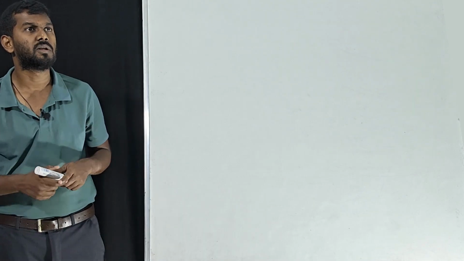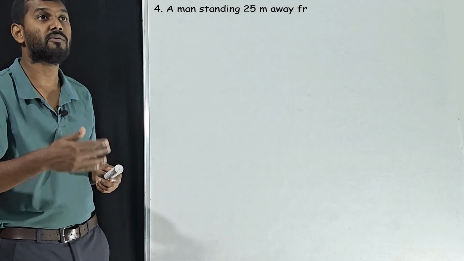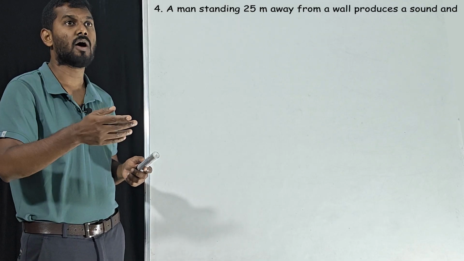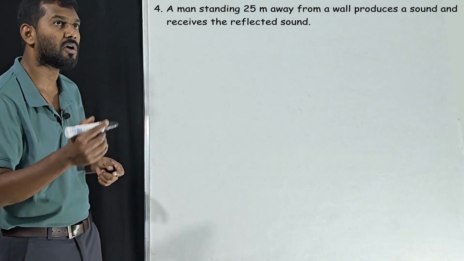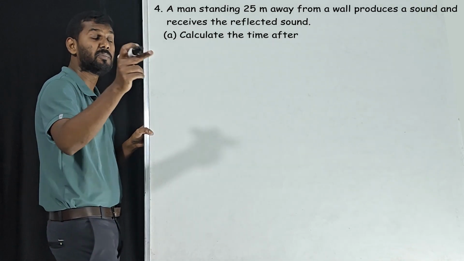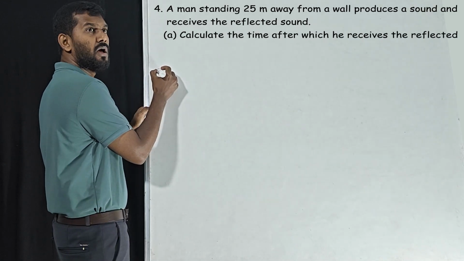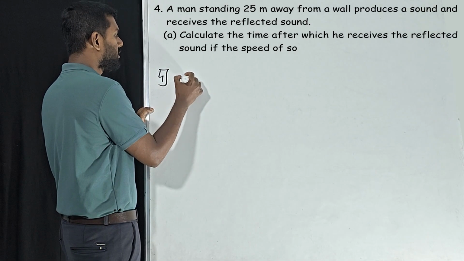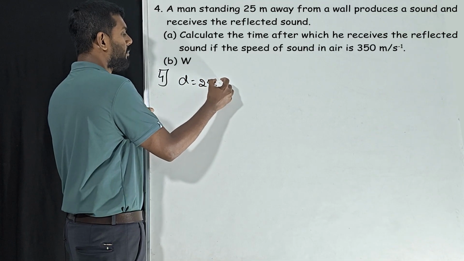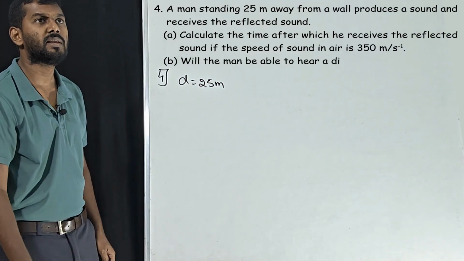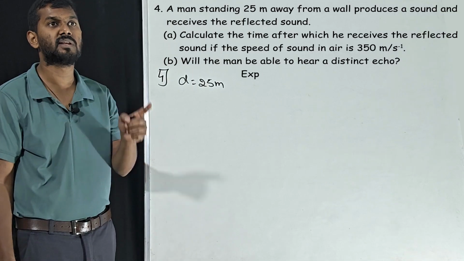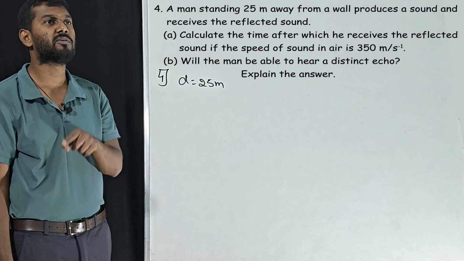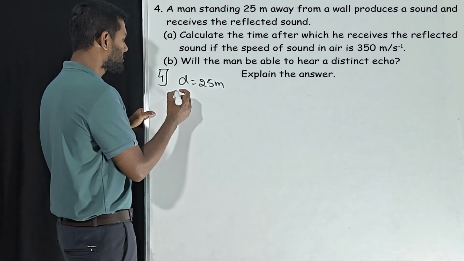That's it. Our next question: a man standing 25 meters away from the hill produces a sound and receives the reflected sound. So the man is standing 25 meters away. This is question number 4. The distance is 25 meters, and calculate the time after which he receives the reflected sound if the speed of sound in air is 350 meter per second.